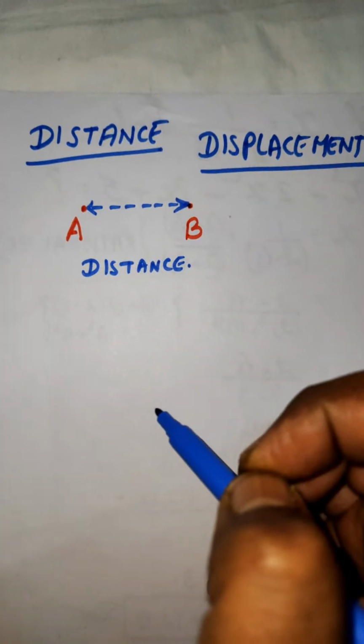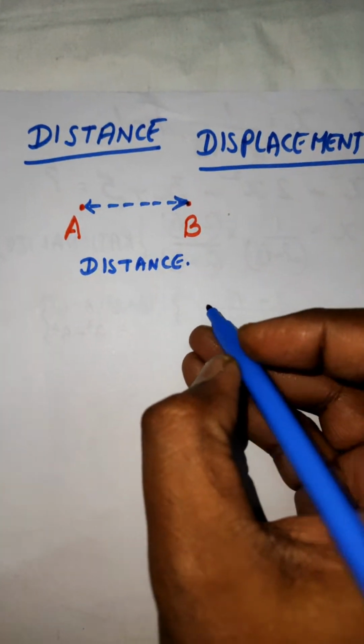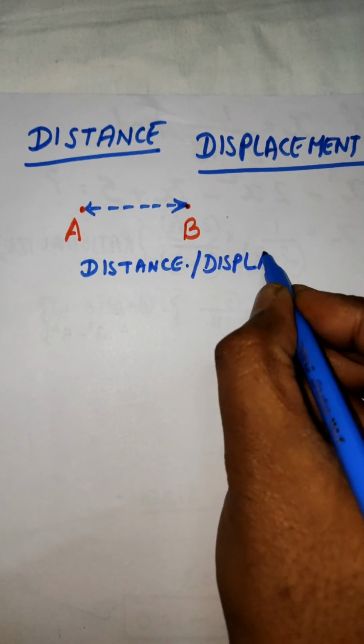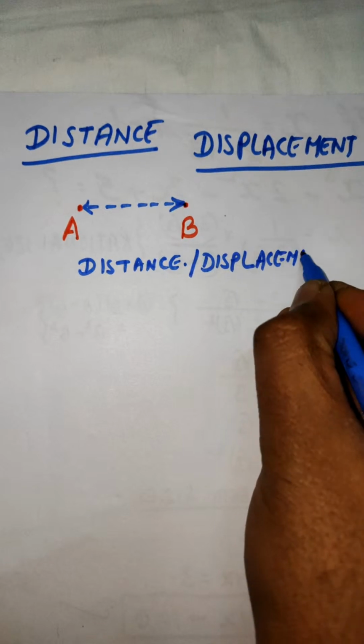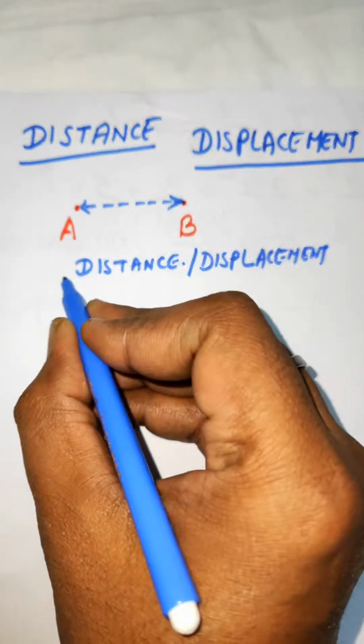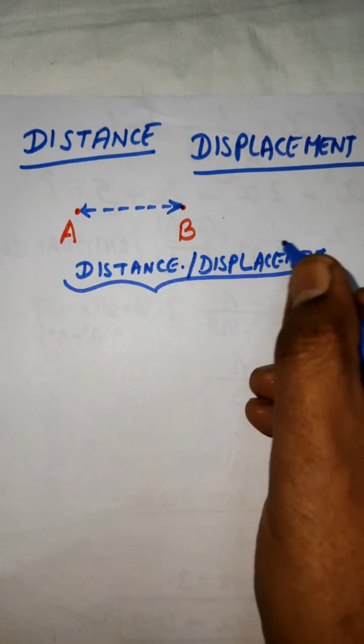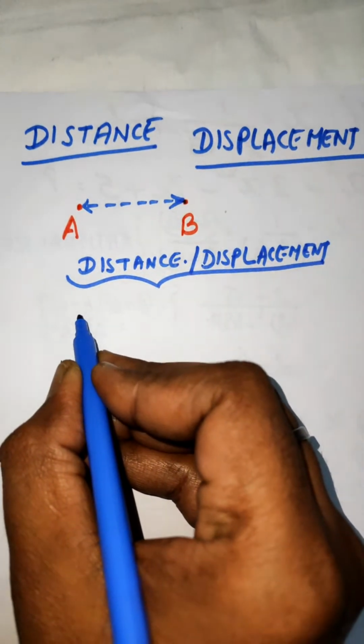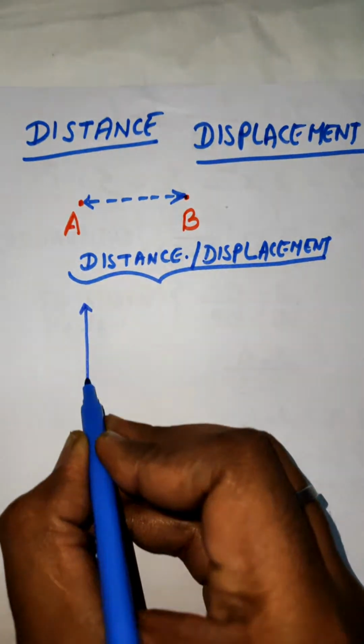So we will take one example. Here distance and displacement will be the same. But suppose we plot the number line.